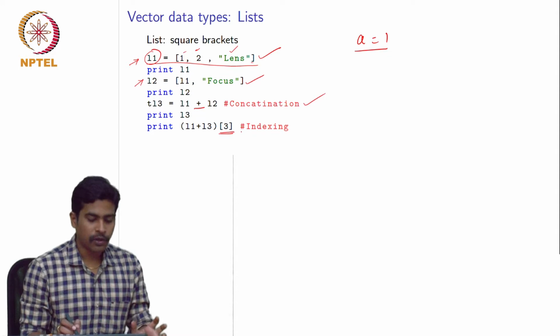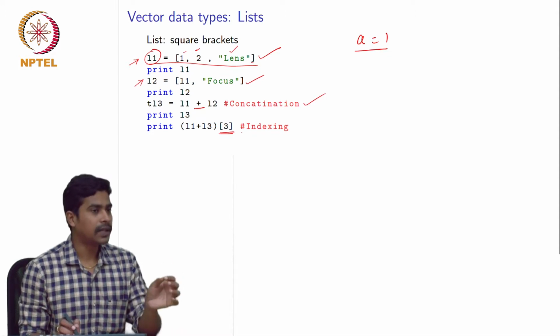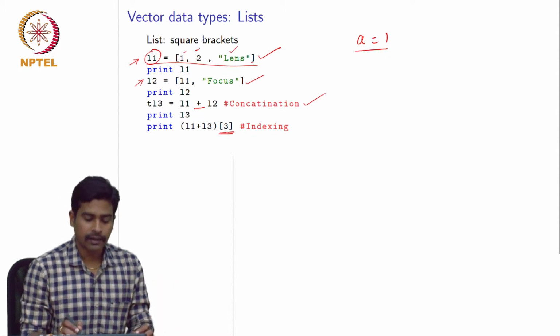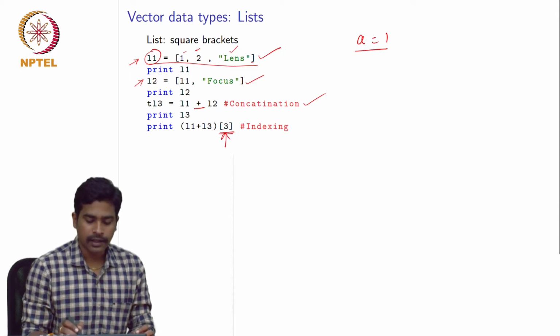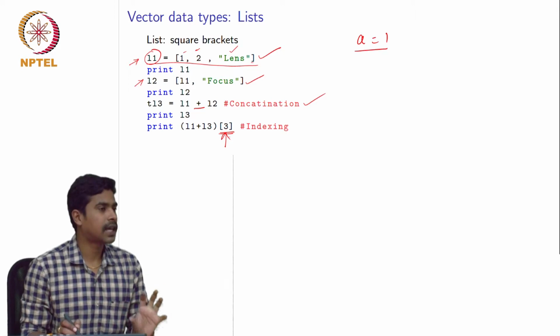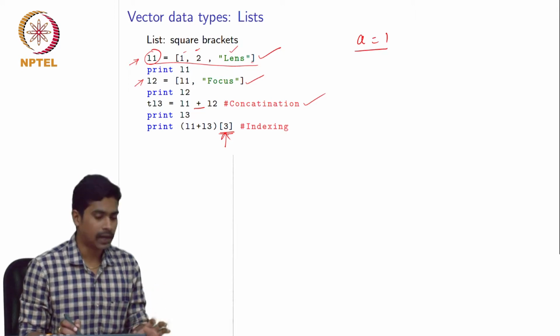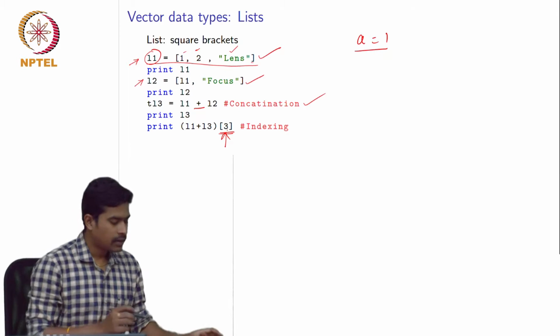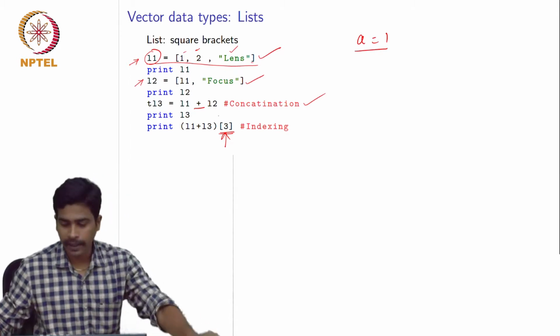Similarly, if you want to find the nth member of a list, you have to use index inside open and closed square braces, and again the indexing starts from 0, not from 1 as in MATLAB. So now let's try these commands in the Python shell.